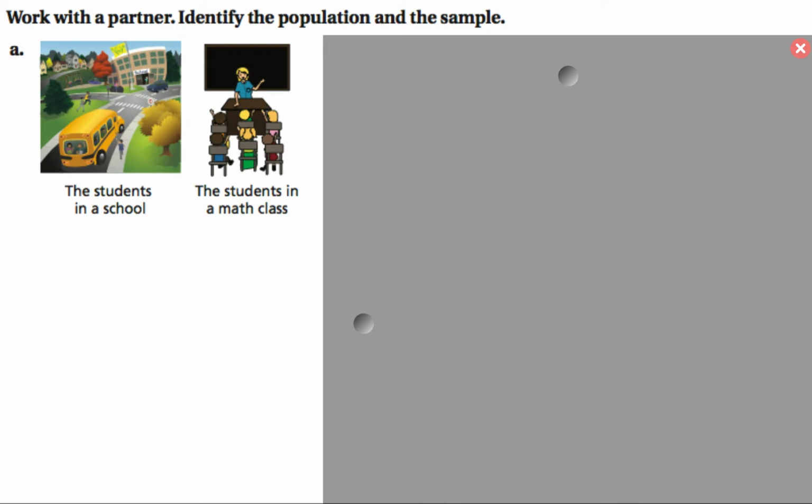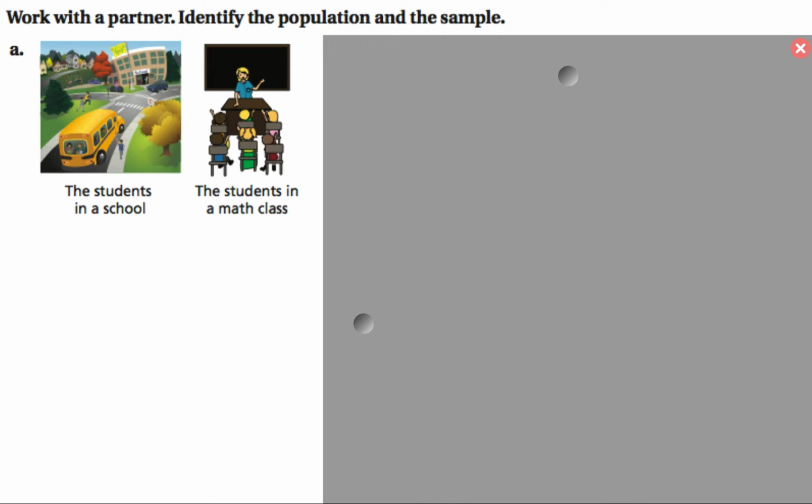So on these, we're going to identify what would be the population and what would be the sample. So A, the students in a school and the students in a math class. Which of these would be considered the population, and which one is a sample of that population?